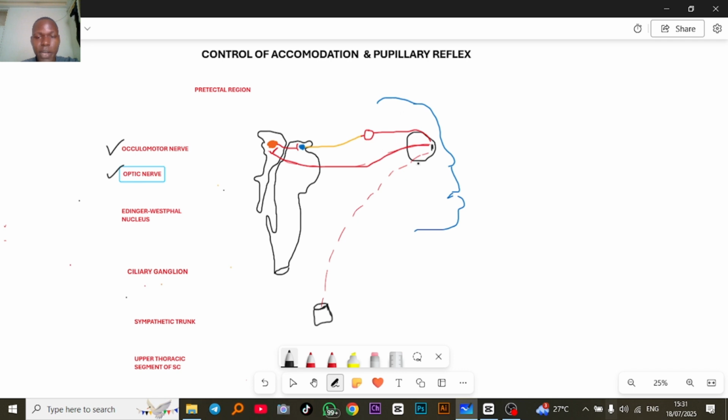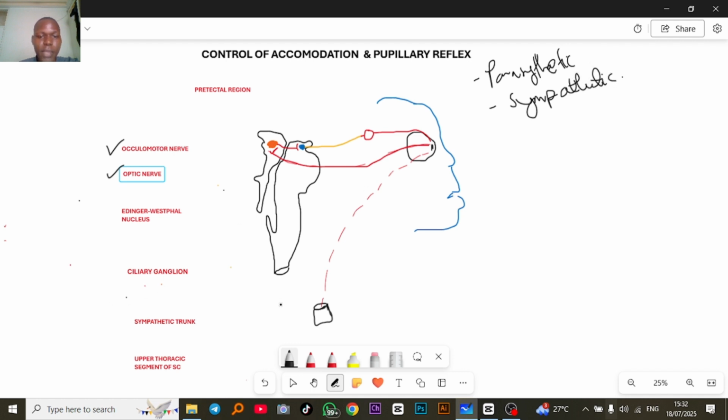We have our eye here, and we are seeing different connections. In the accommodation and pupillary reflex, what you need to know is that we shall have a part which will supply the parasympathetic, and then we shall have another which will provide the sympathetic supply or innervation.